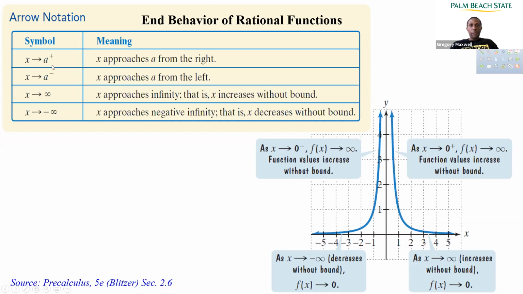When you have a vertical asymptote, as x approaches a particular number from one side, either from the right side, that's what the plus is saying, or from the left-hand side, then the function either goes to positive or negative infinity. So as x approaches 0 from the right-hand side here, the function goes to positive infinity. And as x approaches 0 from the left-hand side here, it also goes to positive infinity.